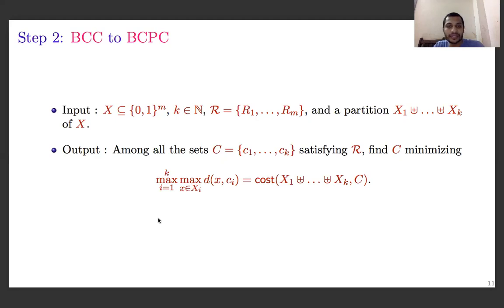Among the set of centers satisfying R, we want to find C minimizing the following quantity: the maximum over i going from 1 to k, x in Xi, of the Hamming distance d(x, ci). So think that I want to compute centers for each of these Xi's. And the distance is of any vector from Xi to the center ci. And that should be minimized.